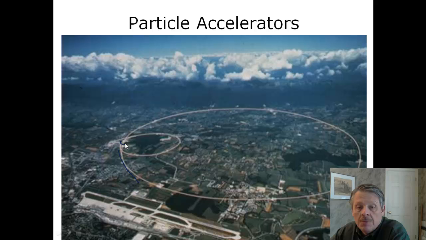So from this point over here until the electron or whatever it is gets back to that point, it's 17 miles. If we put something in this loop and push it along with magnets and pull it along with magnets of the opposite charge, then we can make it move quickly around the circle. To give you a sense of scale, this thing down here is an airport. So that's a pretty big circle of an accelerator.